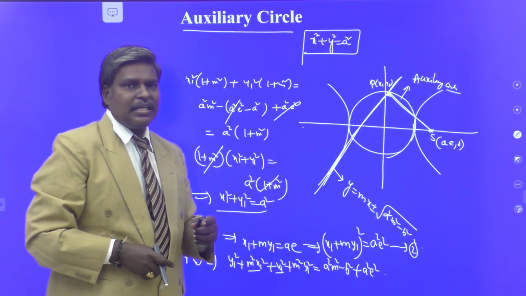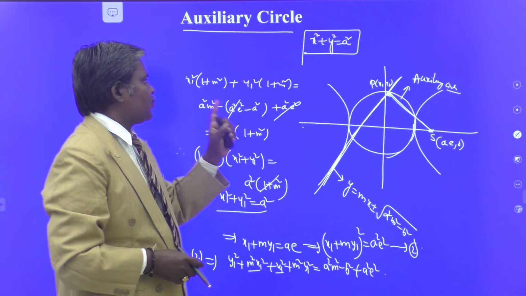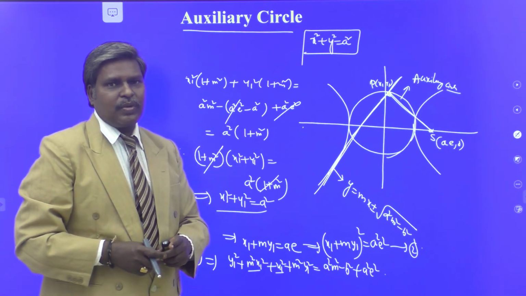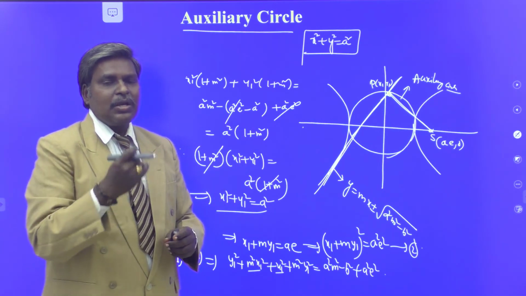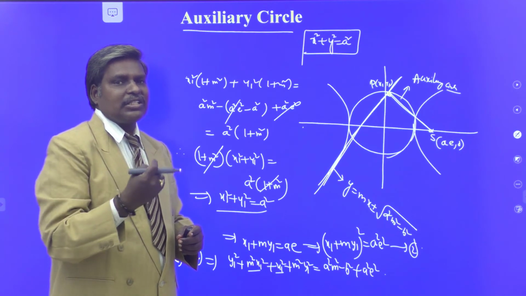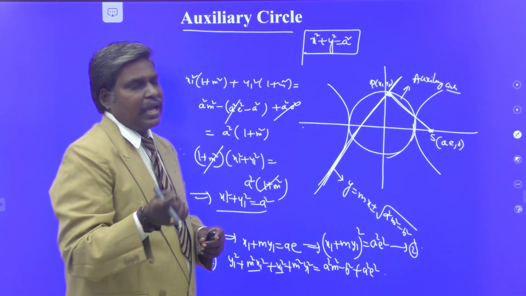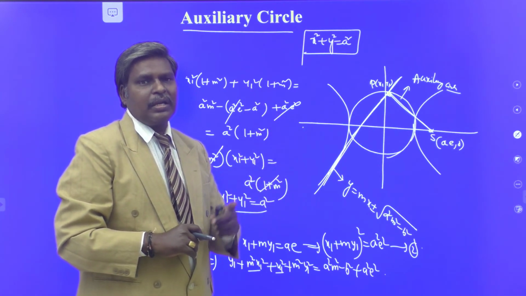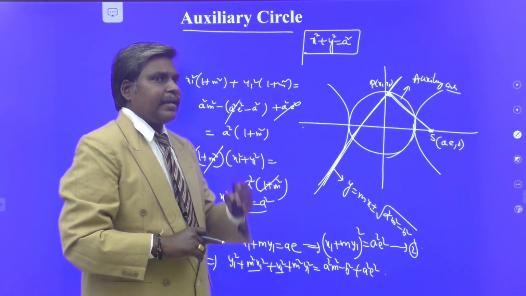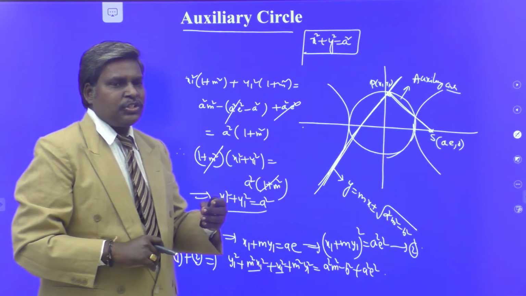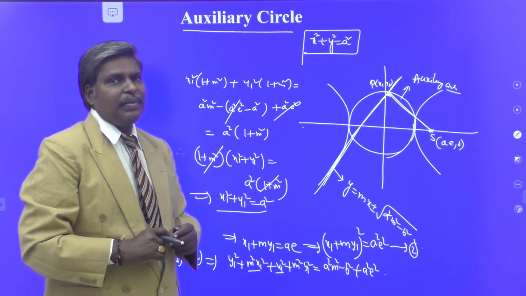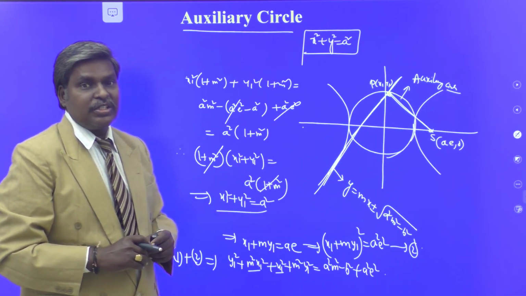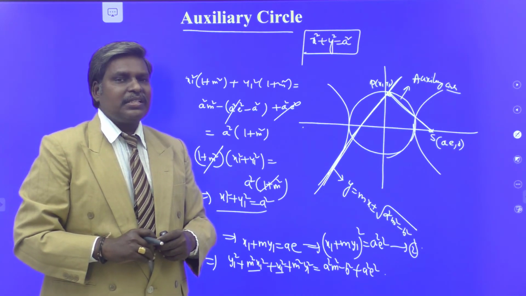The auxiliary circle equation is what? X square plus y square is equal to a square. Suppose your hyperbola is y square by b square minus x square by a square equal to 1. The auxiliary circle is x square plus y square is equal to b square, and the director circle is x square plus y square is equal to b square minus a square.